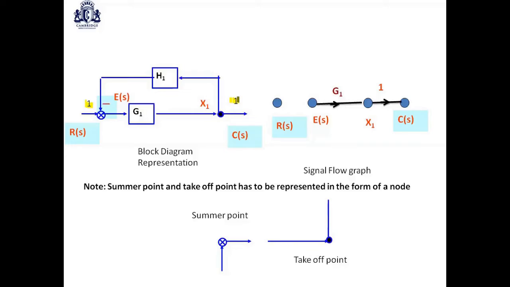And with respect to the node E(s), it is very clear from the block diagram that it has 2 incoming branches, one from R(s) with unity gain, and another branch which is moving from x1 towards E(s) with a branch gain of minus H1. And you can relate the performance equation with respect to the summing point or the node E(s). The performance equation is given by E(s) is equal to R(s) minus H1 x1.